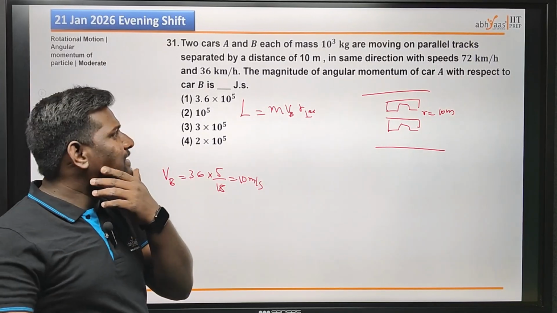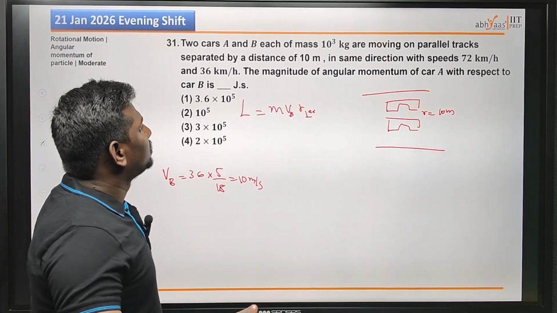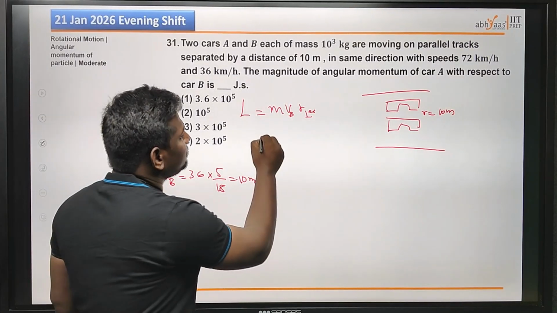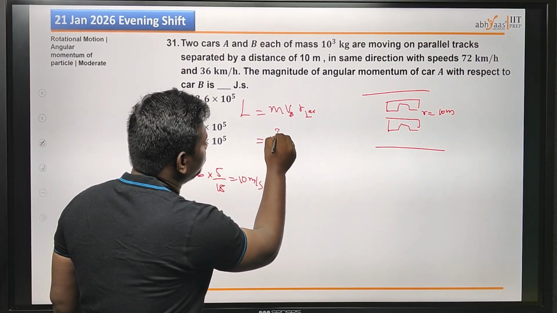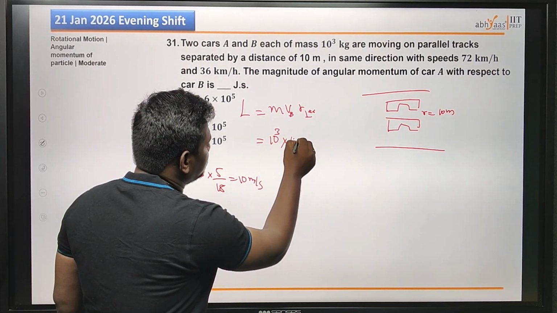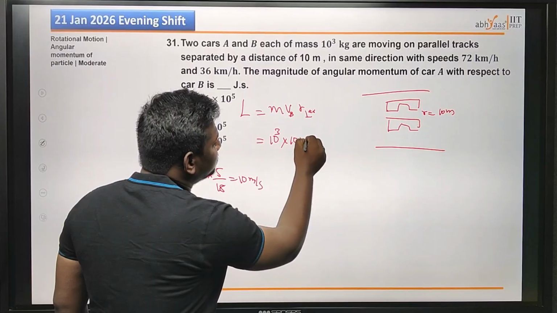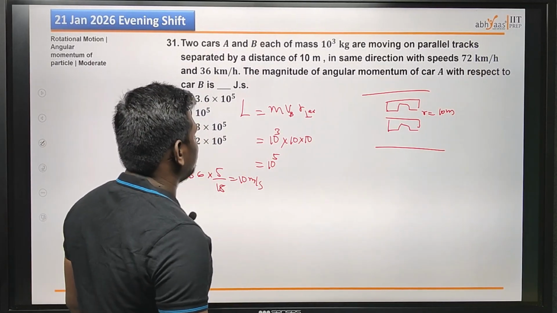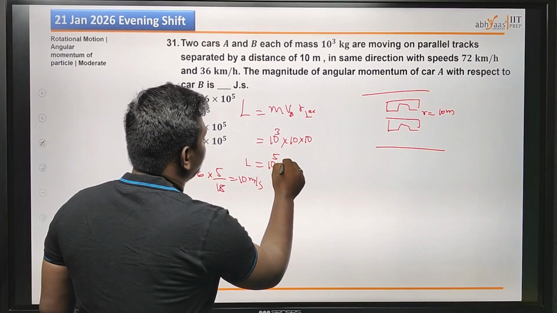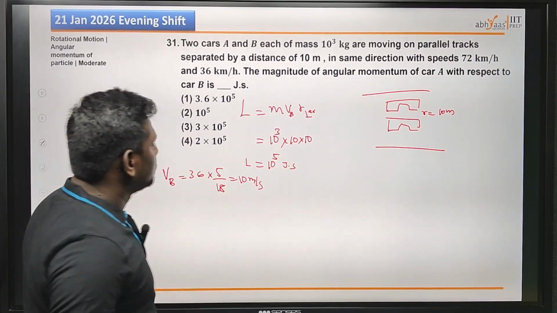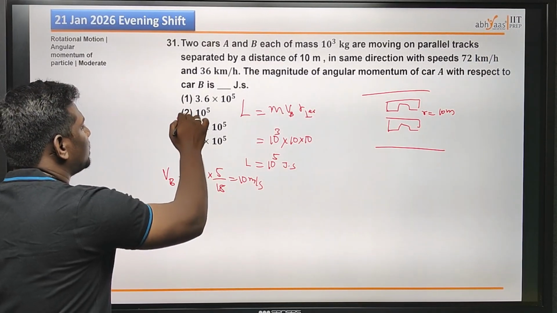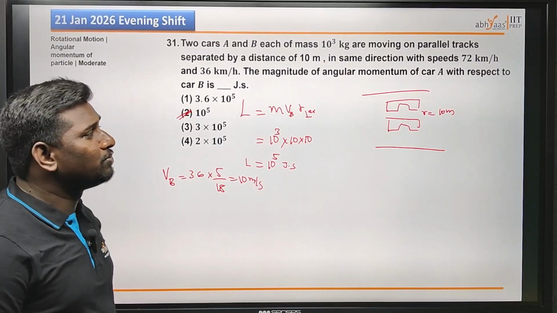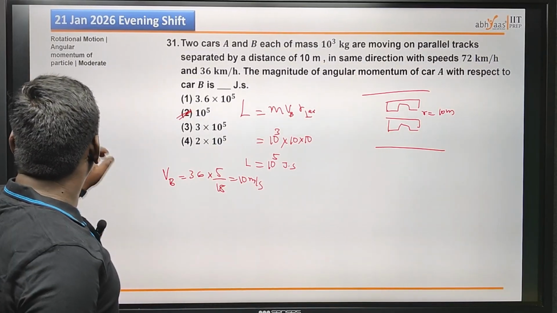Mass is 10 to the power of 3, velocity is 10, and perpendicular distance is also 10. So the final answer is 10 to the power 5 joule second. So option 2 is the correct answer. I hope you are understanding the question analysis.